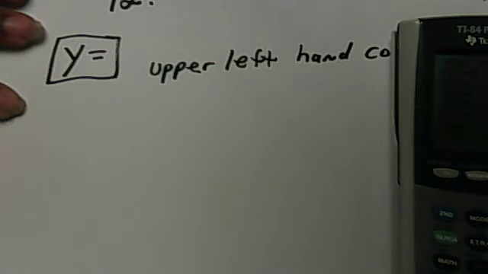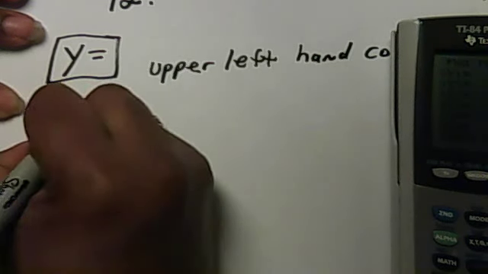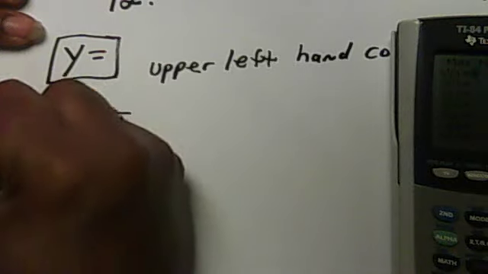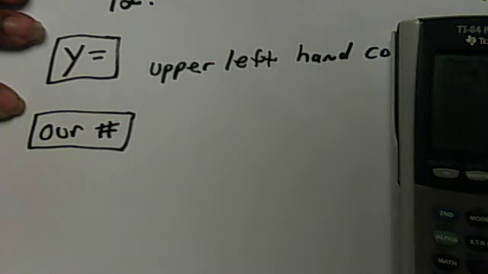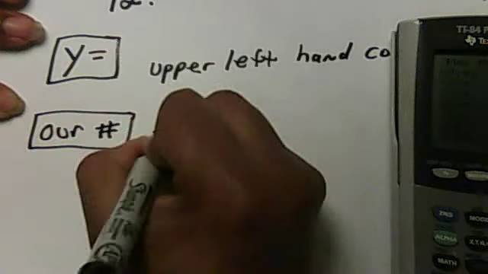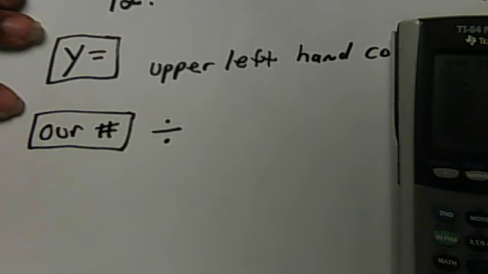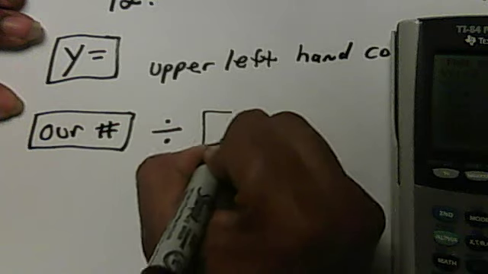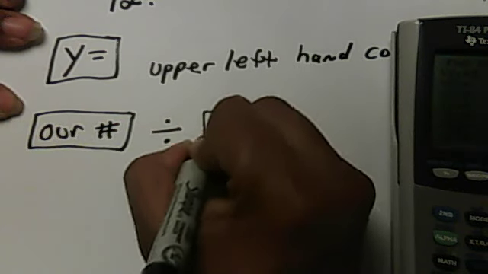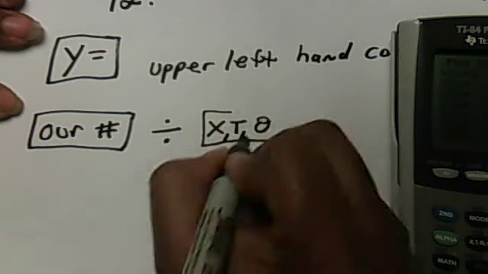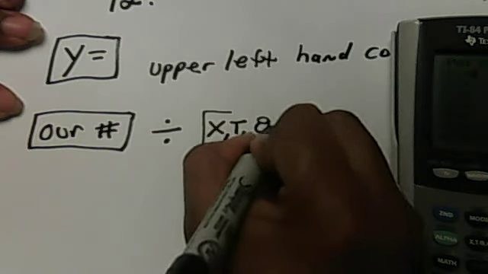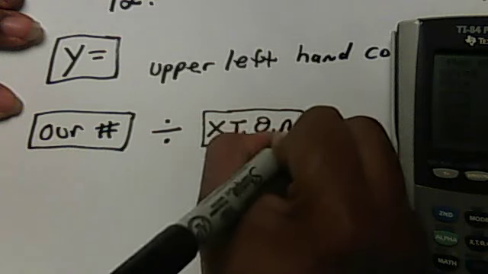So in our example, it's our number, then the division bar, and then the X button, which is on this button.